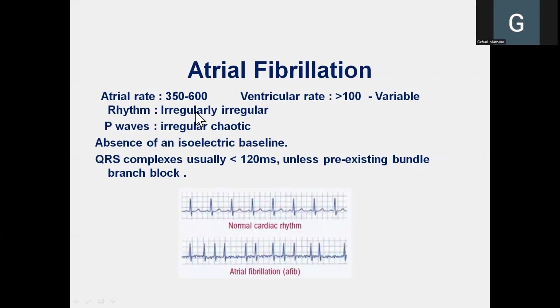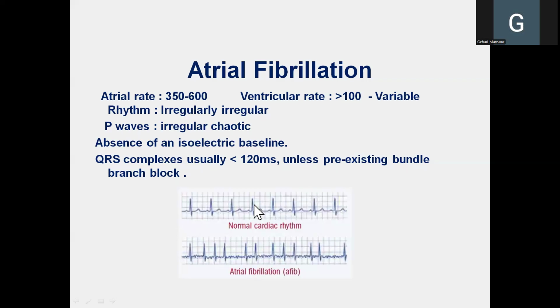It's not only irregular, but it is irregularly irregular, meaning that in some areas of the ECG strip, you might find the heart rate, for example, 150 beats per minute. And then in another part, you might find that the rate is 200 beats per minute, and so on. And then it slows down. But the overall rate is 350 per minute.